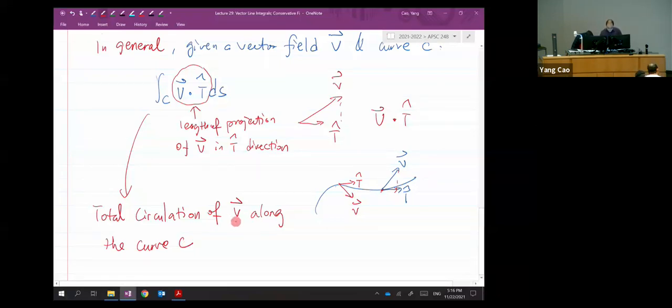Of this vector field v. It could be water, maybe the speed of air, or in that case, a force vector field.